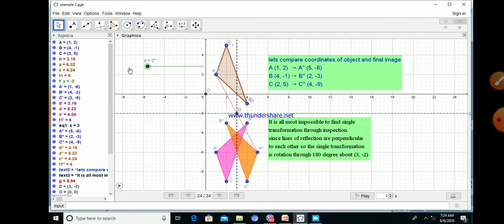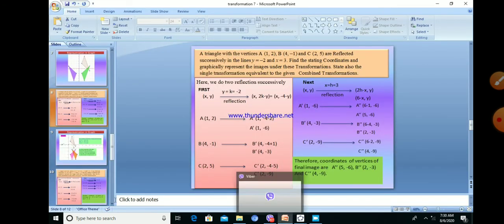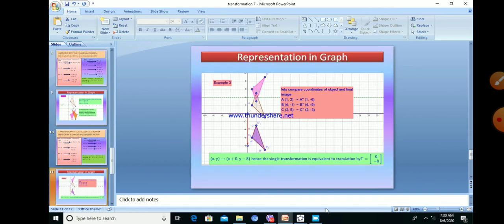Again I will display: at 180 degrees it exactly overlaps with the final image about that point D, that is (3, minus 2). So rotation about (3, minus 2), rotating 180 degrees, takes ABC to A double dash, B double dash, C double dash. That's why the single transformation is rotation through 180 degrees, and we can see this not from inspection but graphically based on the rule. And this is the formation of the graph for this particular question.